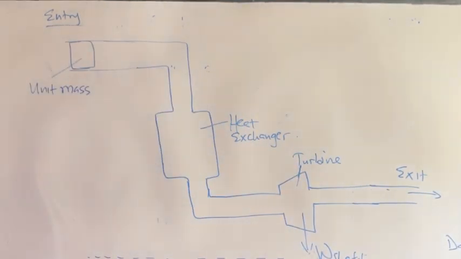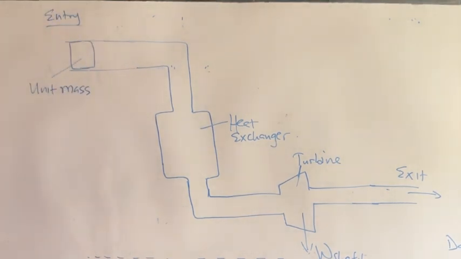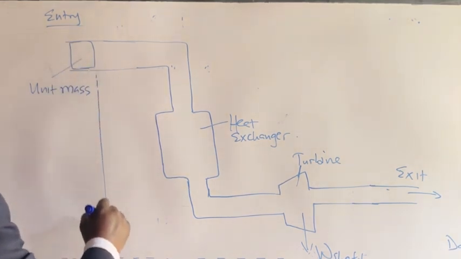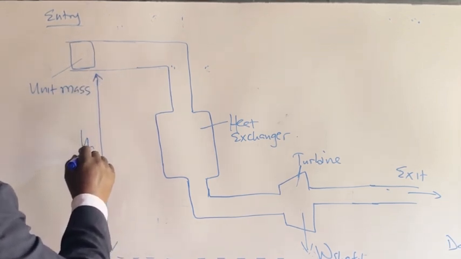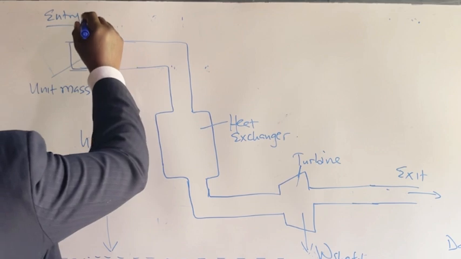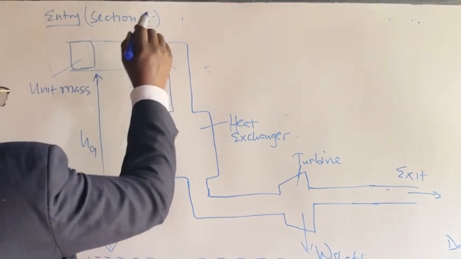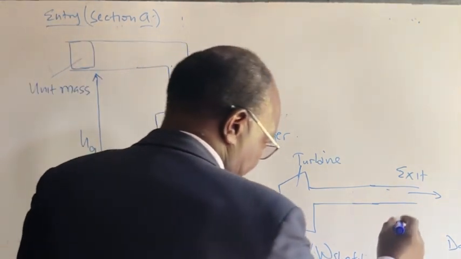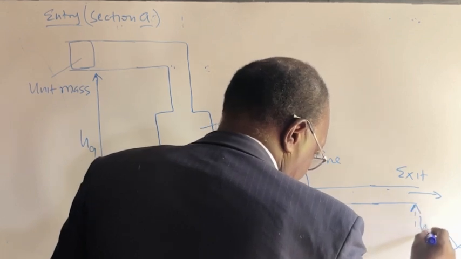And let us now define some of the dimensions of this particular system. Let us say that the elevation from the datum level to the entry is, let's call it HA, and call this section of entry section A. And then the elevation of the exit, call that B, HB.